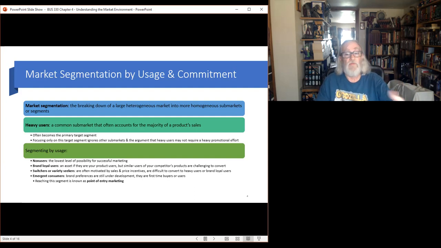And then, of course, we have these emergent consumers. These are consumers who may have used the brand or the service before, but not frequently. And they haven't decided yet on what brand they like the most. And so they are emerging as potential brand loyal customers for you and potential heavy users if you can persuade them to have that level of like and usage and loyalty to your brand.